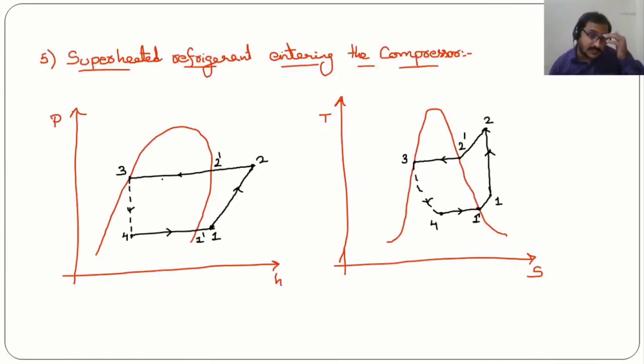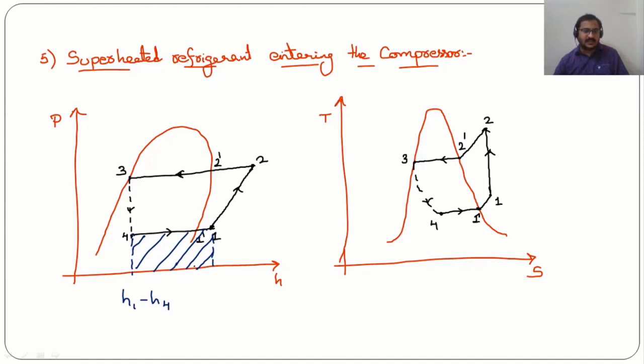Now if you observe this diagram carefully, of all the conditions that we have learned, this is giving us more refrigerating effect. So H1 minus H4 is the refrigerating effect, and that refrigerating effect can be obtained from the pressure enthalpy diagram.